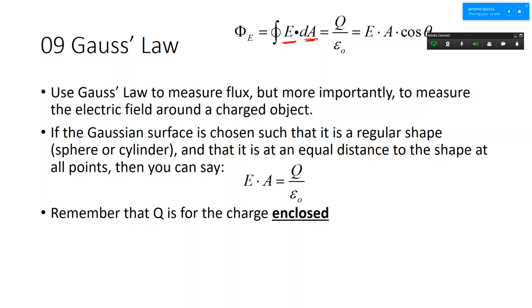If those two conditions were met, then I can just say that my flux is equal to just E times A. And that's a lot more simple than using E dot dA and then doing the surface integral of that, right?